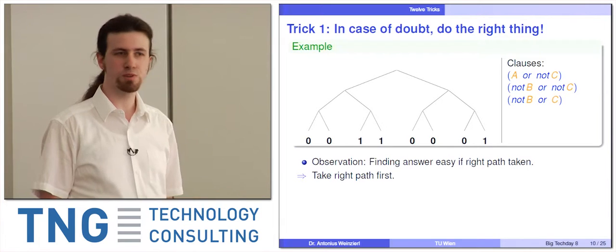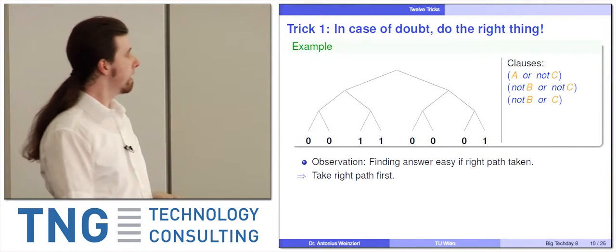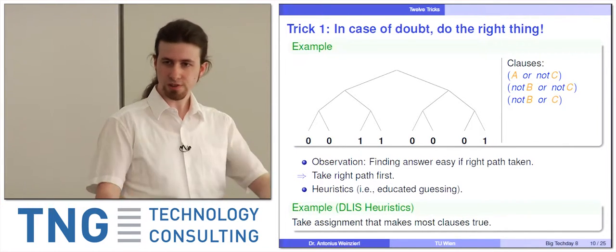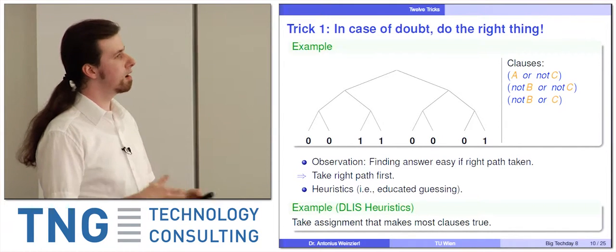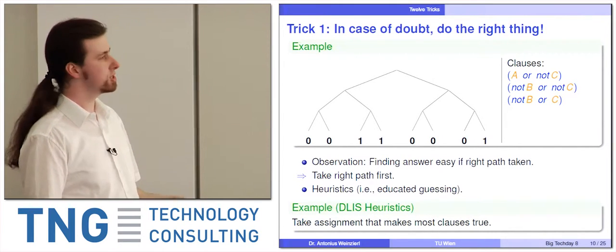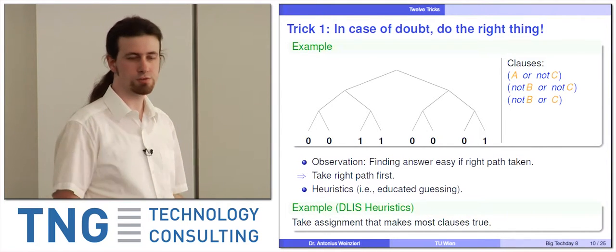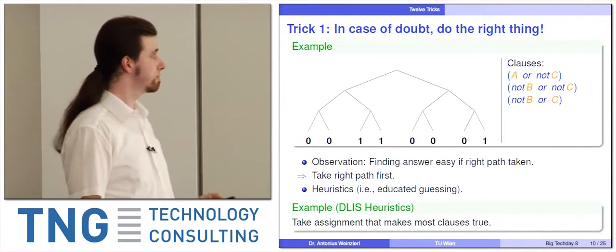So all we have to do is take the right path to get to the ones directly, straight ahead. And this approach is called heuristics. So we try to come up with some small algorithm which is guiding us through this binary tree, leading us directly to the ones.